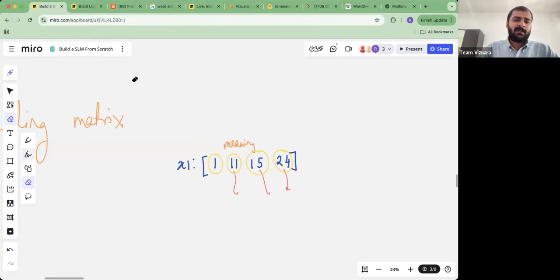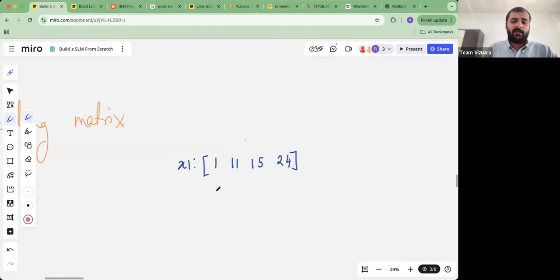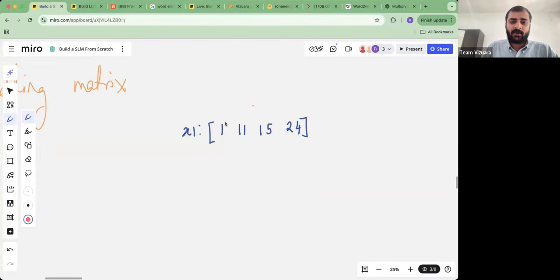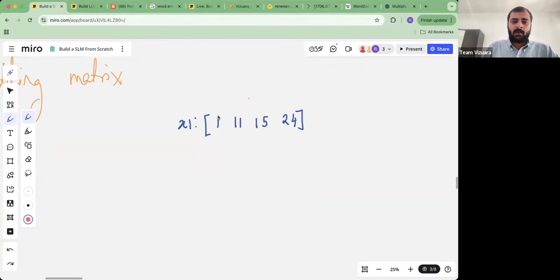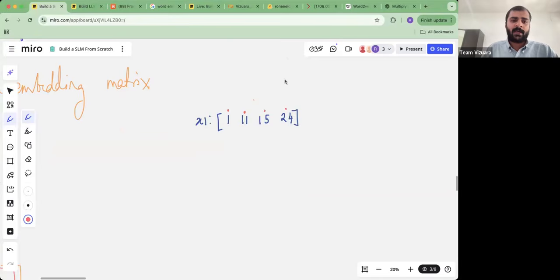Don't pay too much attention to why I'm using these values. I'm trying to mimic the architecture of GPT-2 as much as possible. So these are the token IDs right now. How would you find the token embedding vector? I want to convert each of these into token embedding vectors. So how do I do that?